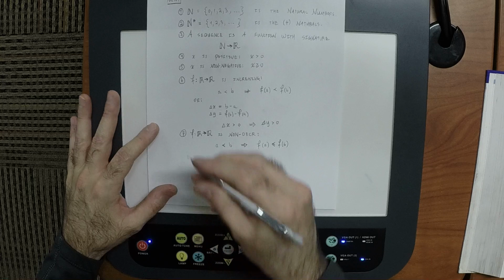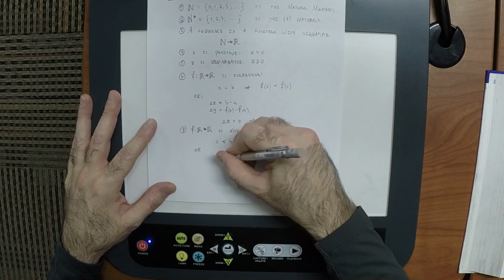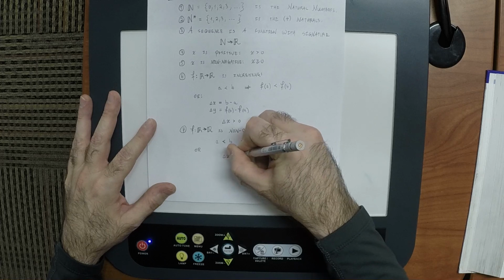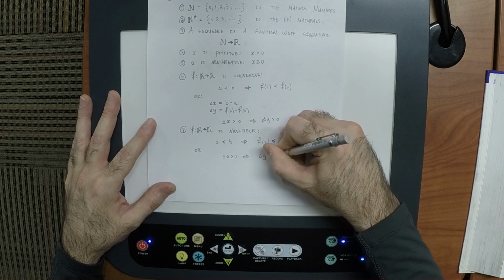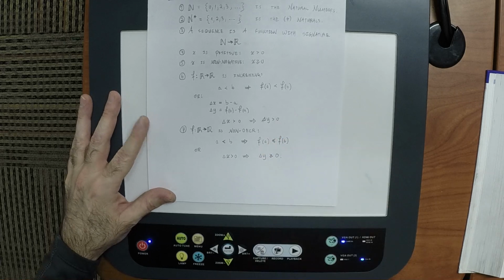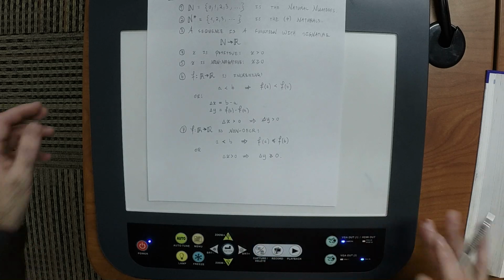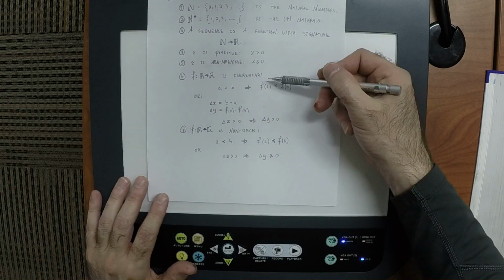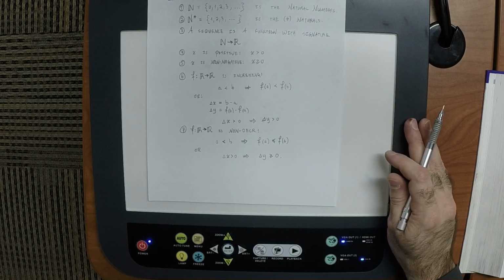Writing it in terms of inputs and outputs, you could say it like this: a positive change in the input implies a non-negative change in the output. Similarly, you can remember what decreasing means, and non-increasing.